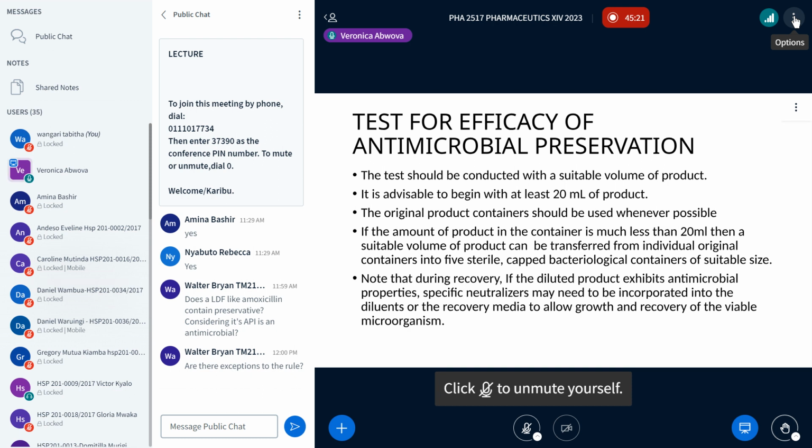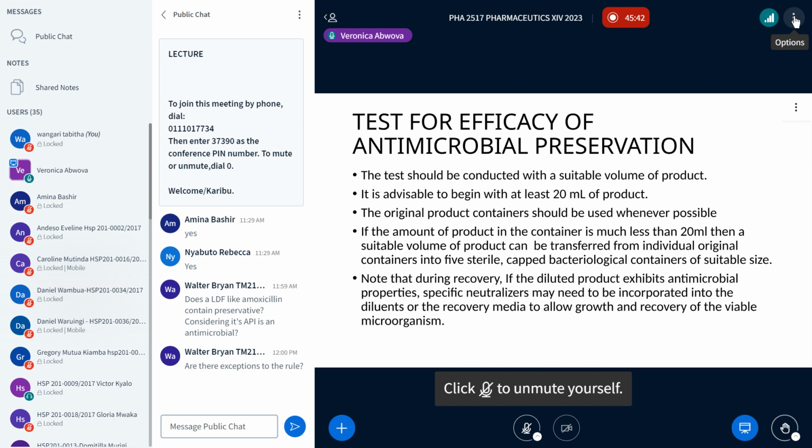You still have to test for efficacy, but again, you try to work with the conditions that are available, or you create the right conditions. So the original product container should be used whenever possible.